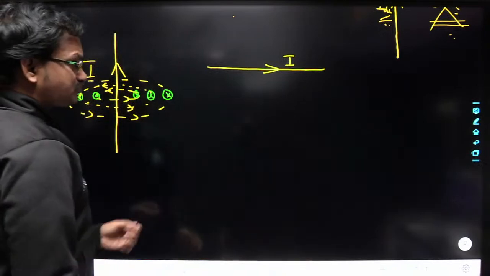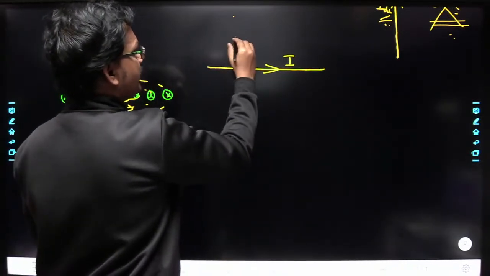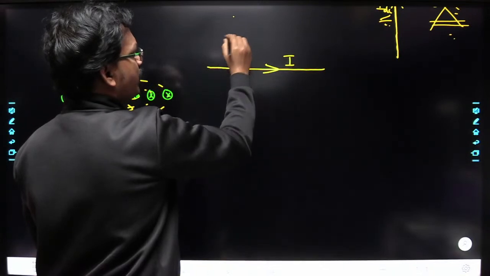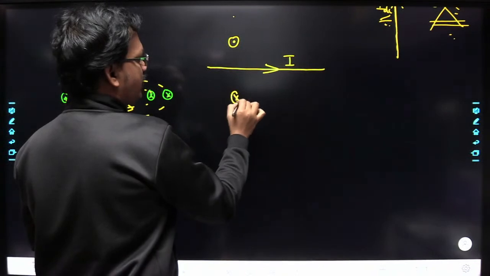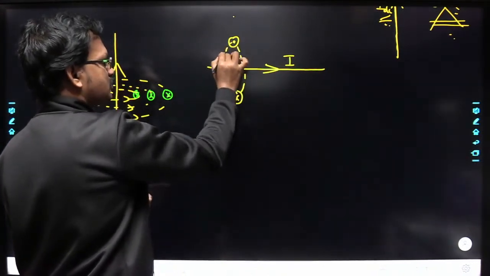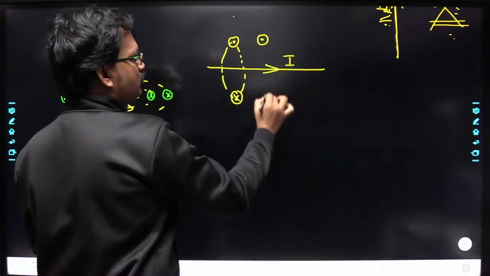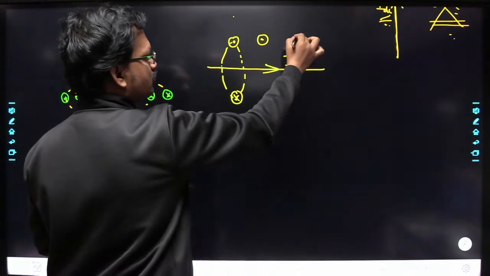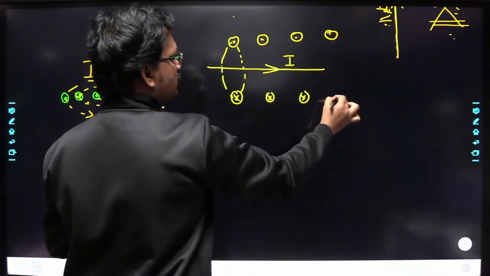Okay. So whenever the current is flowing in this direction, above this wire the B field is going to point out of the board, and below this wire the B field is going to point into the board. The B field is going to be like this, right? So the B field is going to point out of the board here, into the board here, out of the board here, into the board here, out of the board here, into the board here, like this.